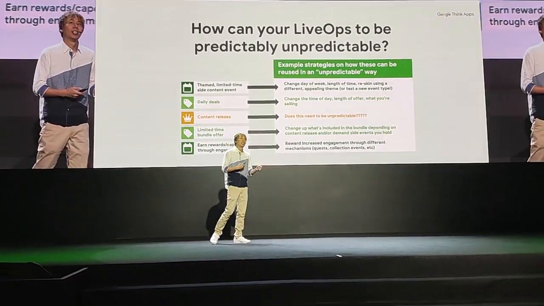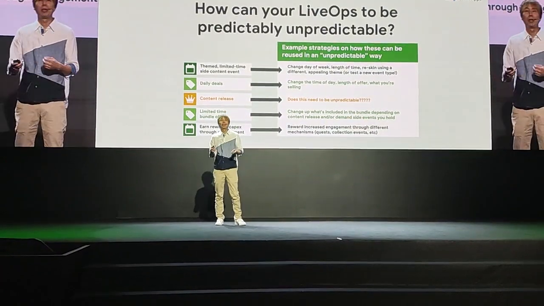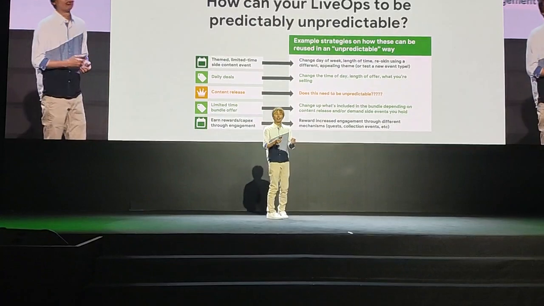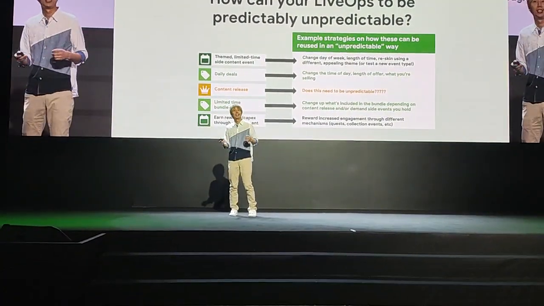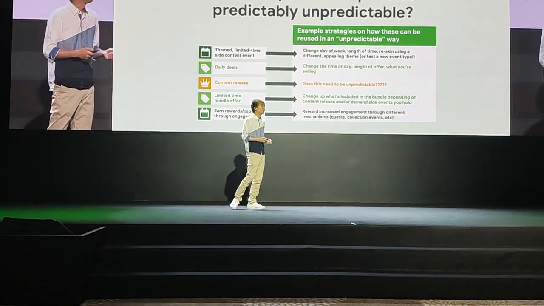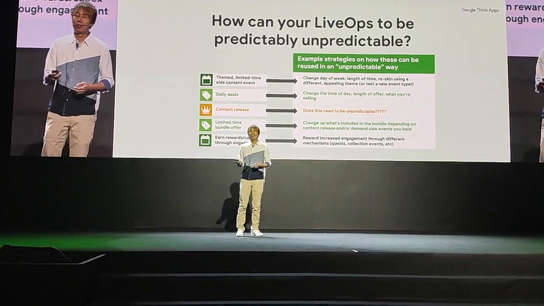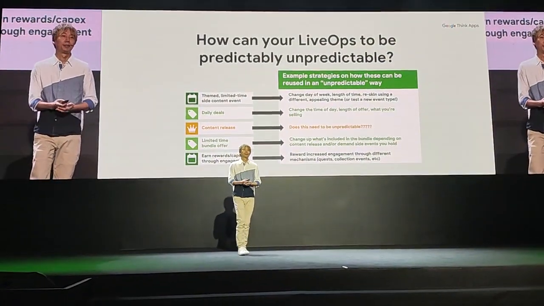Demand-side events, changing the day of the week, length of time, and changing themes can all be ways of keeping it fresh and new to your players. Running short-time daily deals can give breathers for the global supply-side sales. Leveraging bundles and changing what is offered also helps. The important thing is to try to be predictably unpredictable with these strategies.